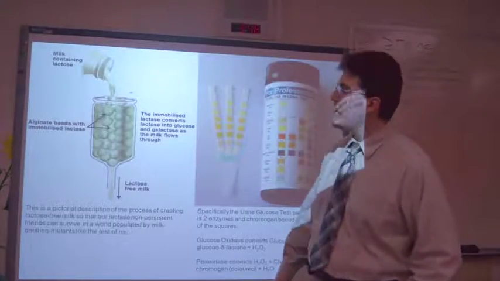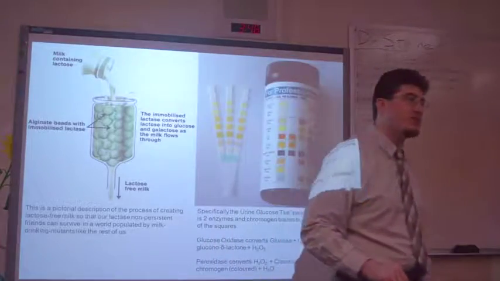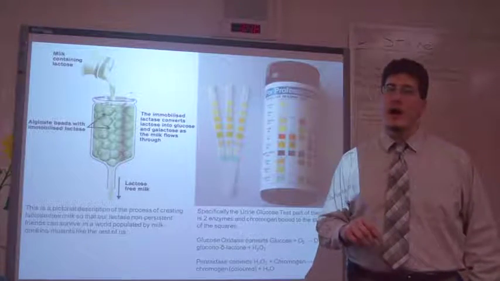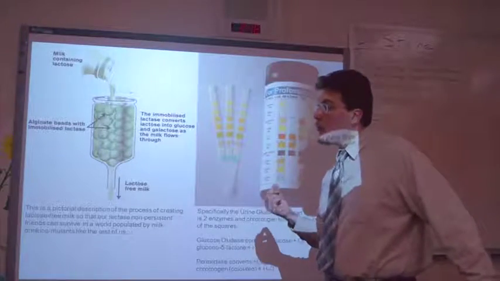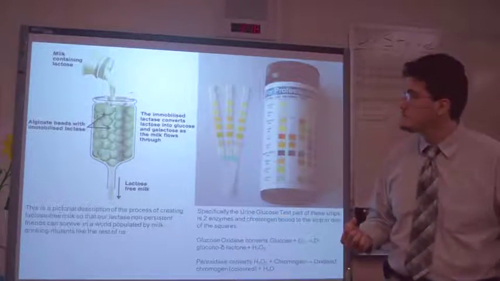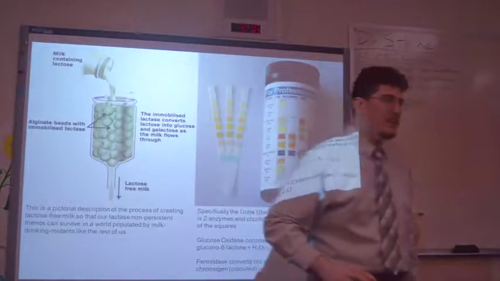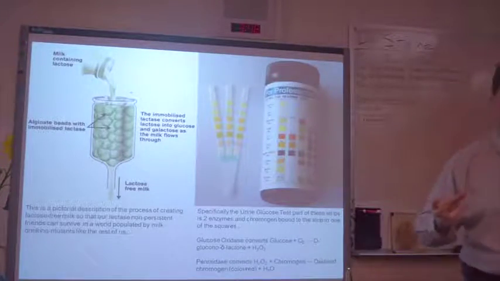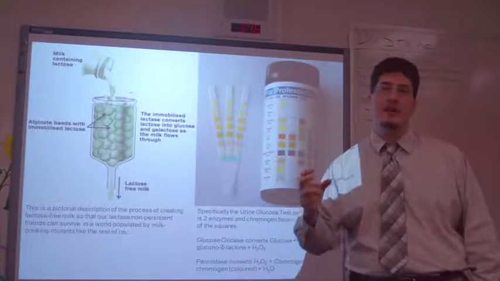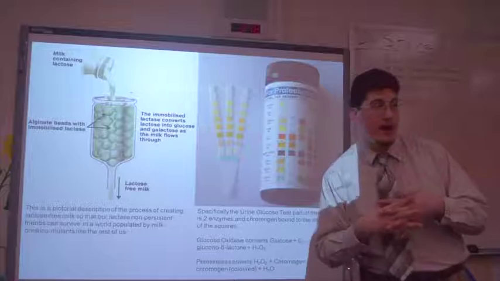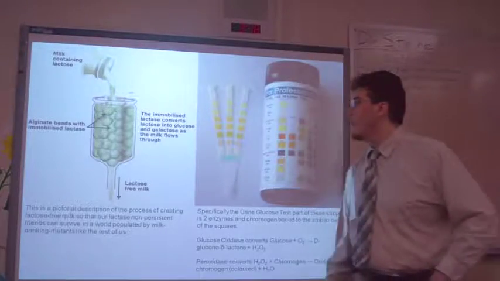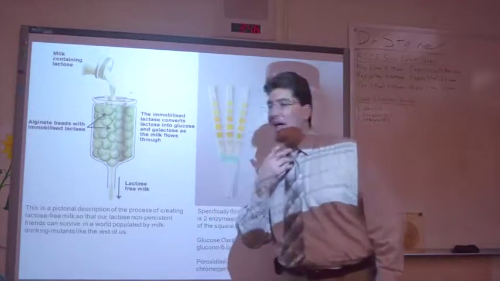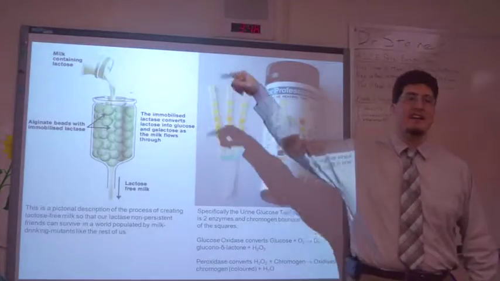Now, these are some practical examples. This one comes up sometimes on the Cambridge Paper 3, and sometimes it's used as an example in Paper 1 or Paper 2 as a question stem. Milk that contains lactose is passed through alginate beads that have a bound lactase enzyme, which is used to break down the lactose, the disaccharide, into glucose and galactose. And usually they will use this as a way of asking you about the immobilization graph.